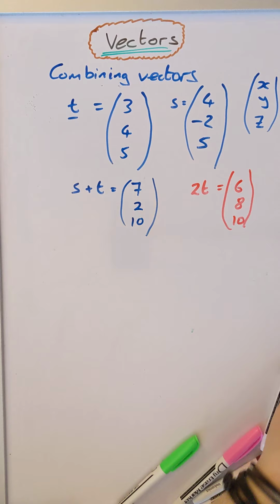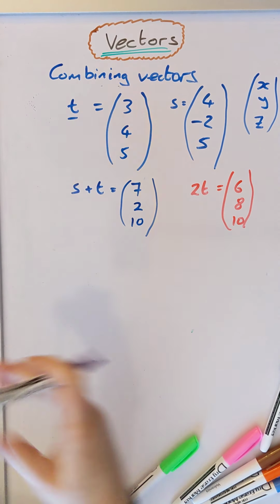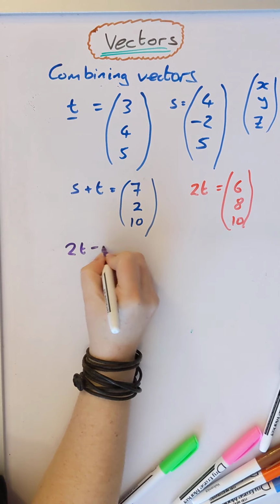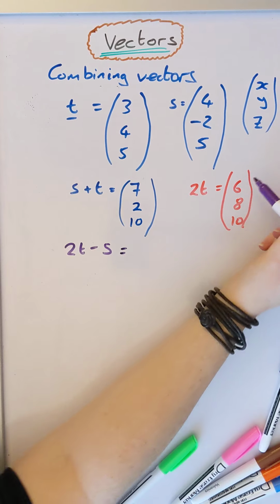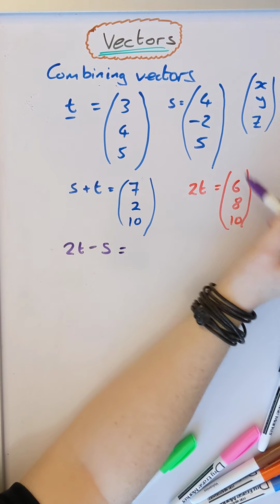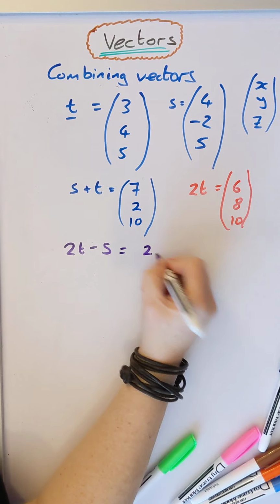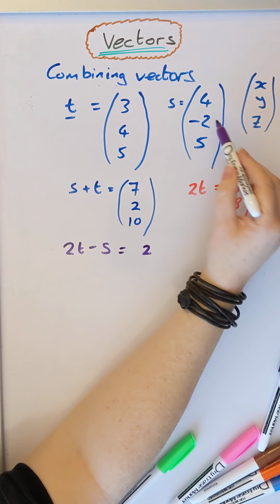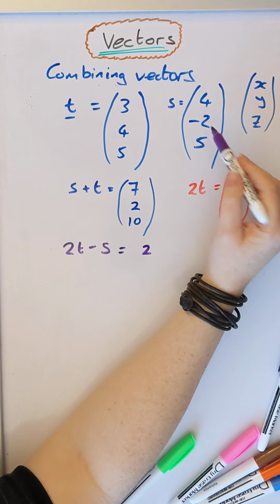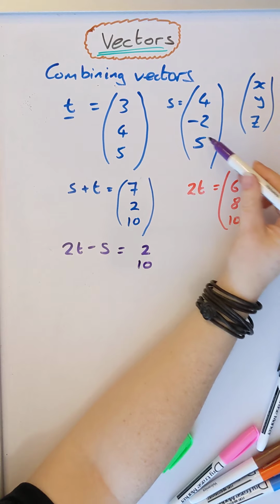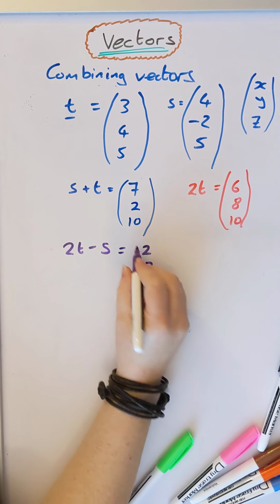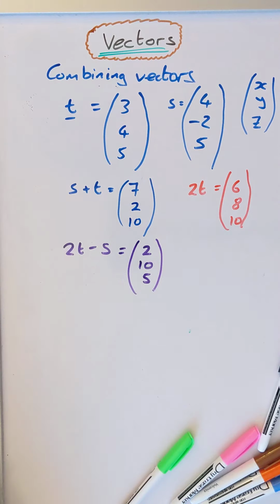If I was to do 2T minus S, I know 2T is 6, S is 4, so 6 take 4 is 2. 8 take -2, that makes it 8 plus 2, so that's 10. And 10 take 5 is 5. And that is combining vectors.